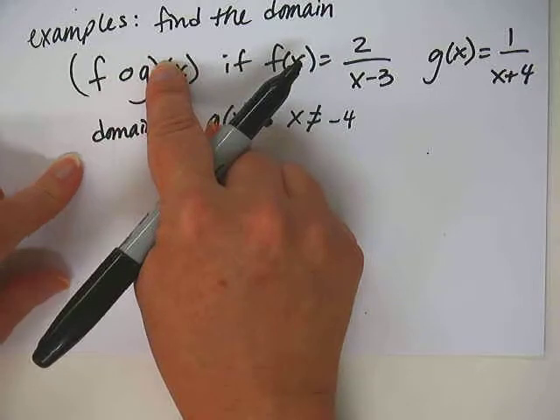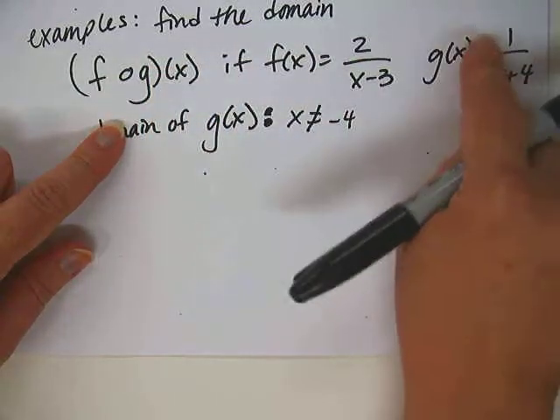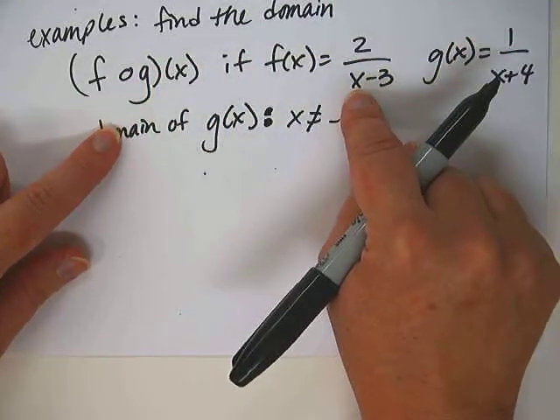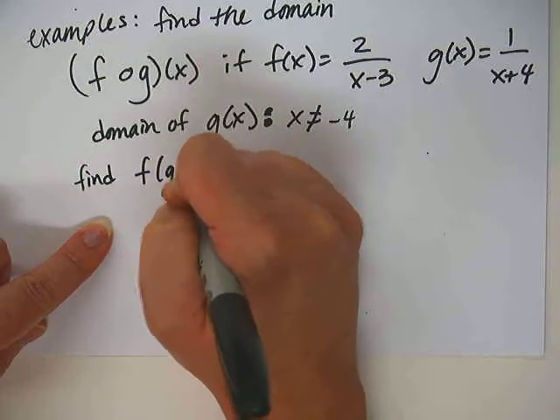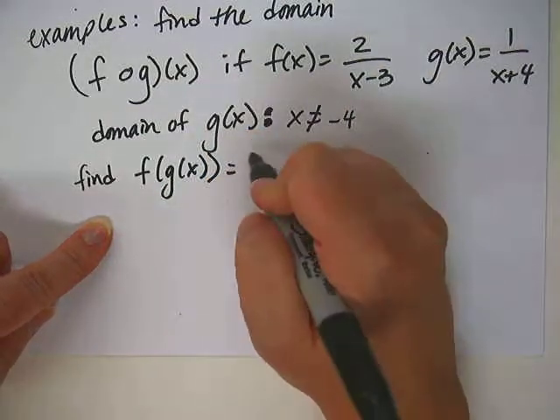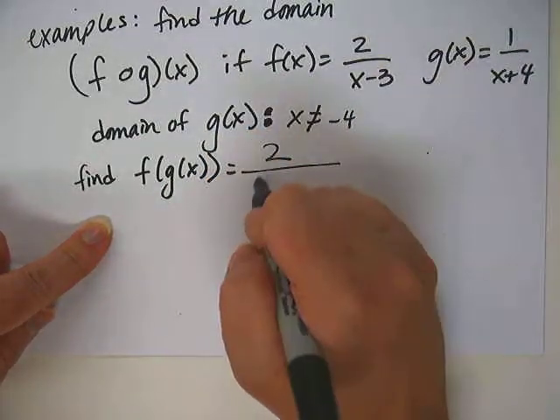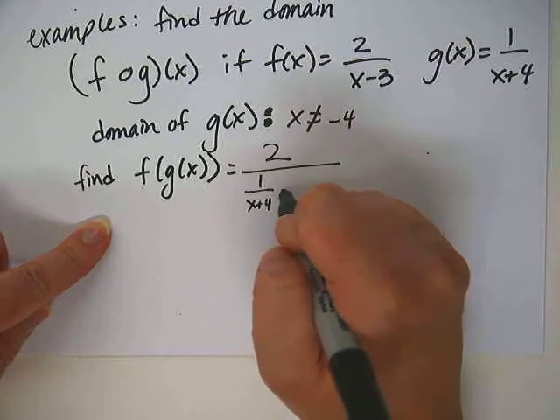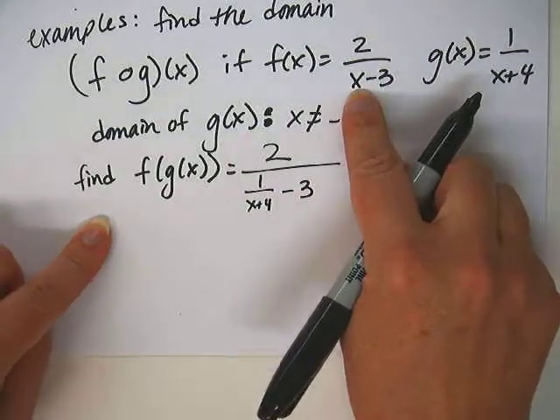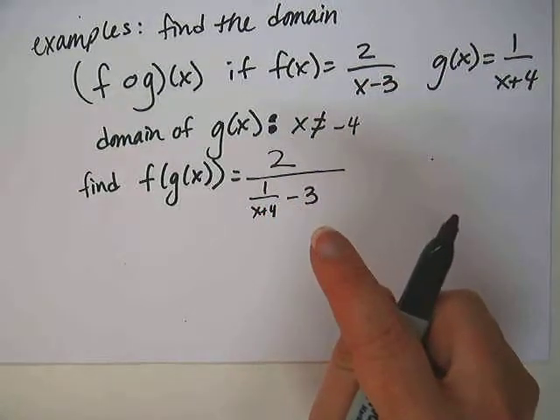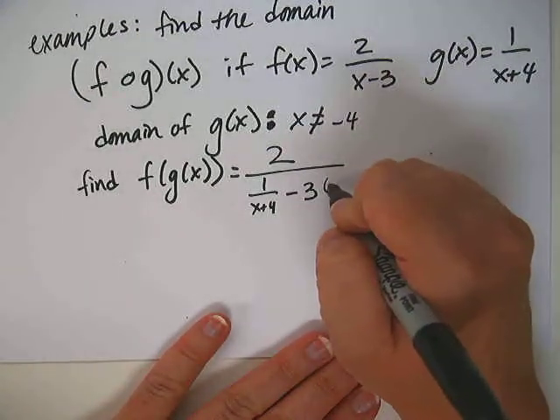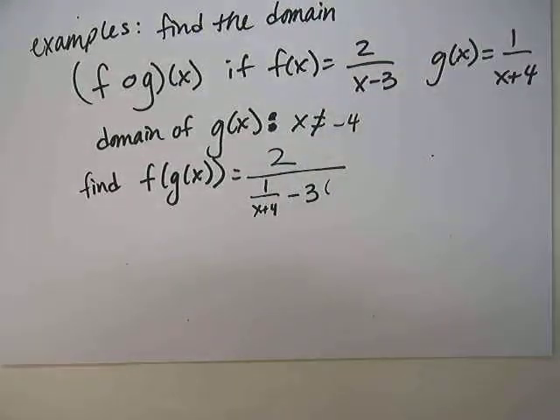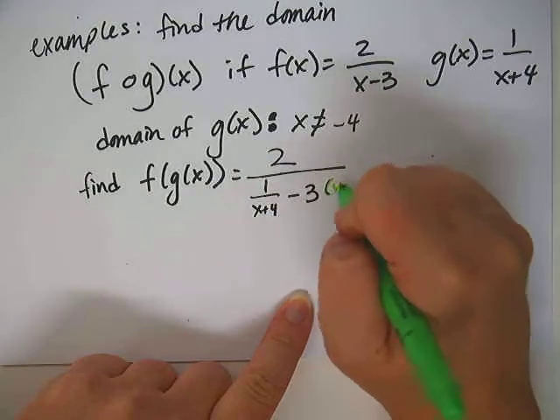Okay? Now what we do is we actually find f of g of x. What that means is we take this function and plug it into the x in this function. So we find f of g of x, or in other words, we plug 1 over x plus 4 in place of the x there. Well, we don't want to have fractions in fractions, so we need to get a common denominator. So let's do this in a different color.